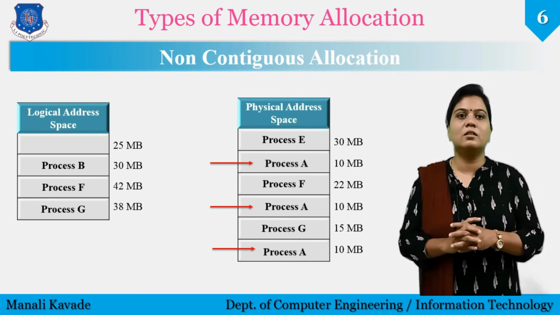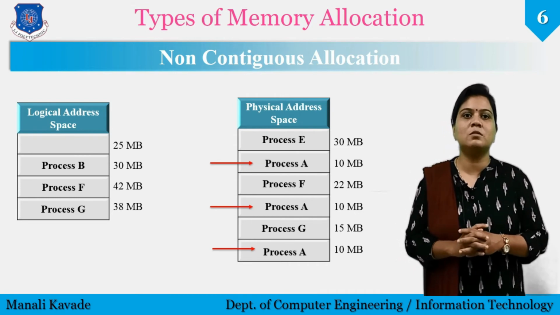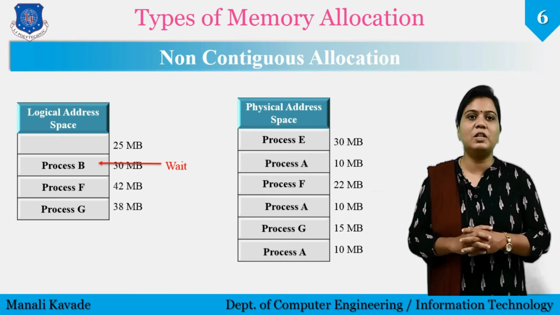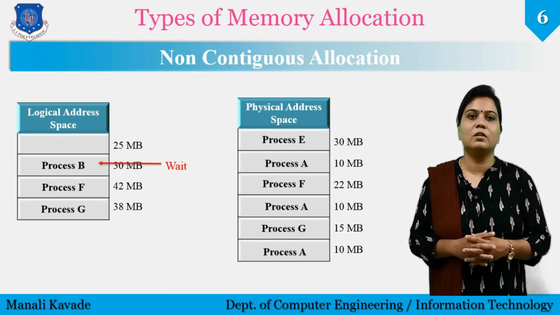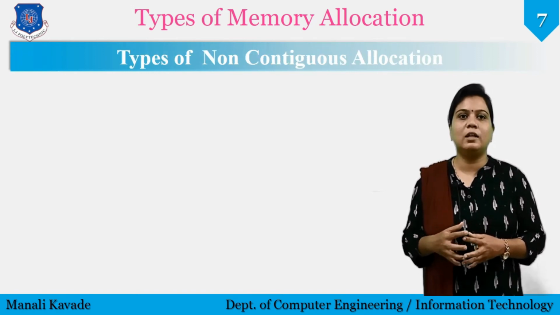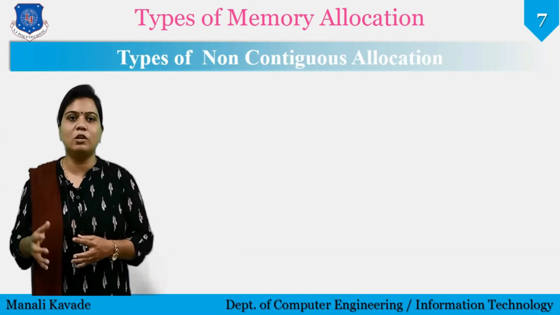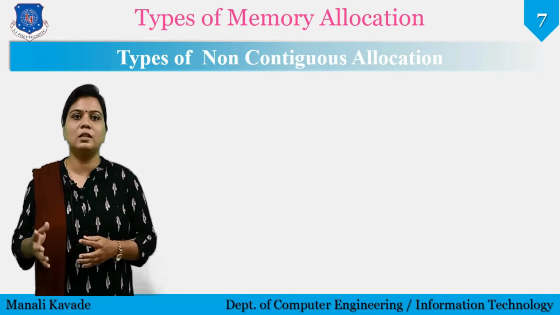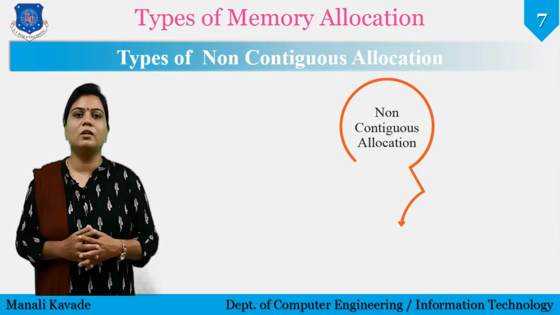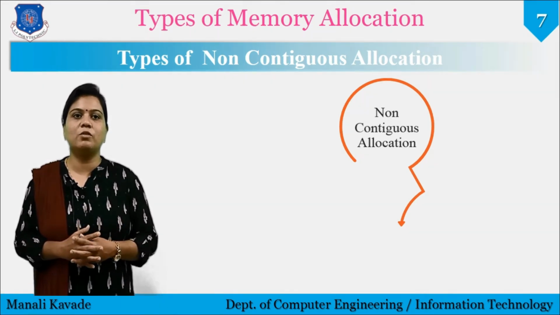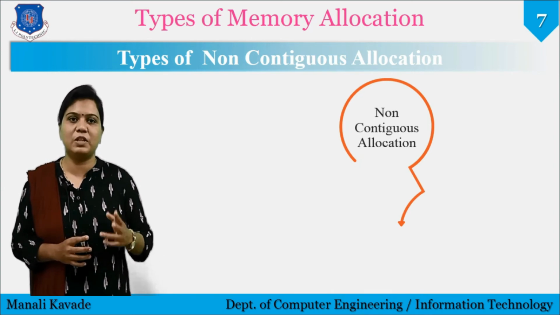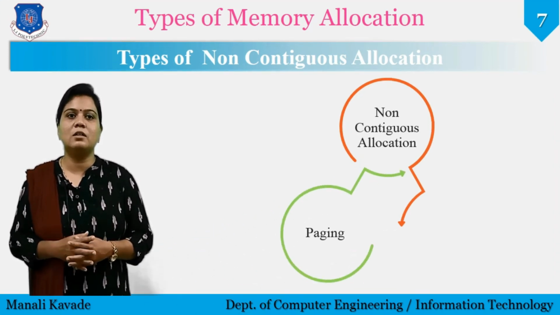Whereas the second process, that is process B, needs to wait until any memory chunk becomes free. So this was all about the second technique of memory allocation, that is the non-contiguous. Now we will see different types of non-contiguous allocation technique. In non-contiguous memory allocation technique, there are two types, that is first one is paging and second one is segmentation.